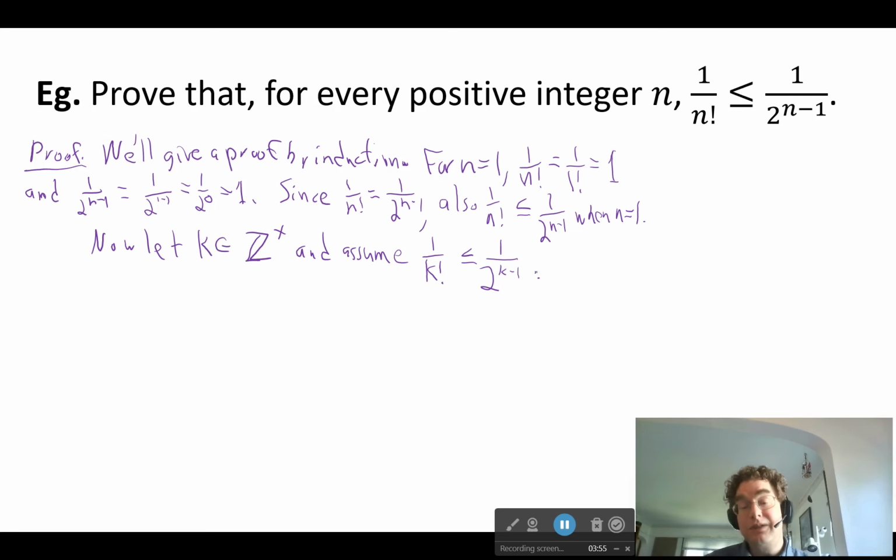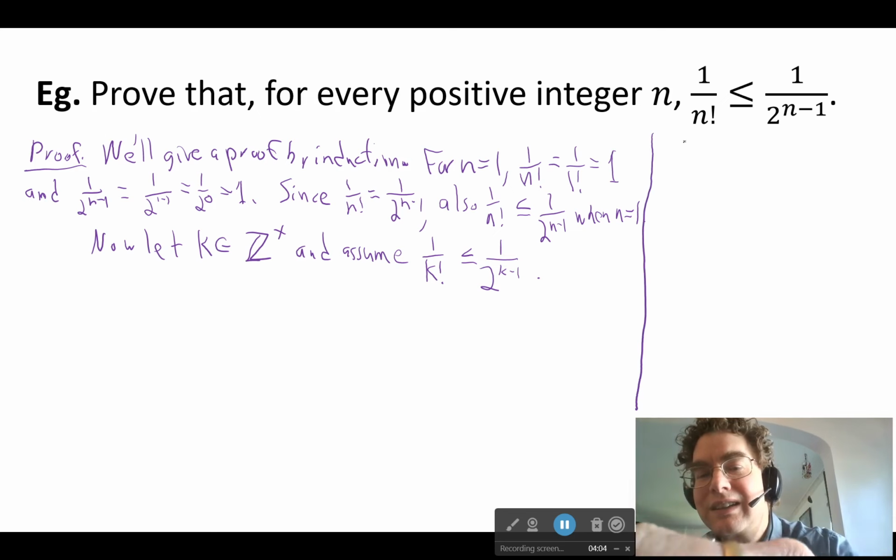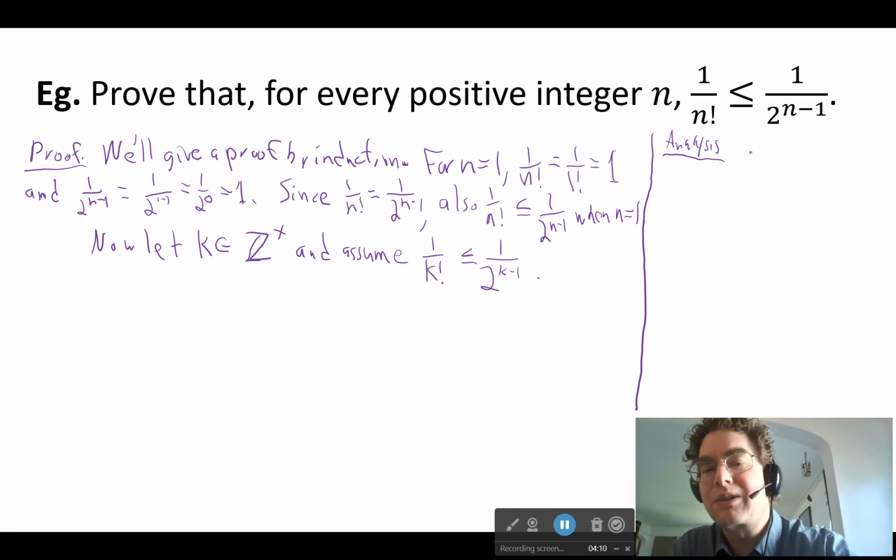Well, we do need to think about what's going to happen for k plus 1 now. Let's see if we can fit some analysis in over here. Okay, so we know what our goal is.